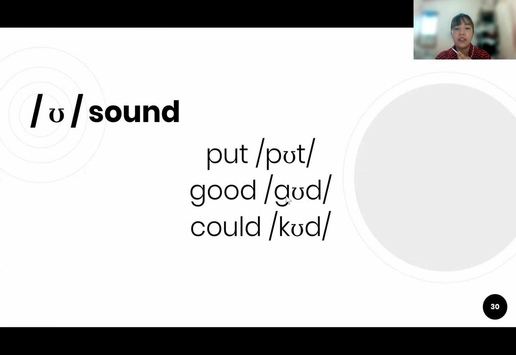Good, your G sound, and then your double O here produces your short U sound. So you write the symbol, and then the D, good. Same also with your could. The letter C, although it is the letter C, still produces your K sound. For the K sound, we use the letter K.